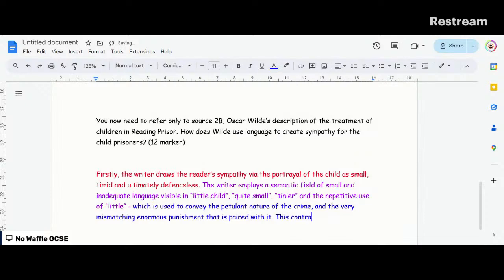This contrast heightens this sense of, or this necessity for children to be released from this terrible institution.